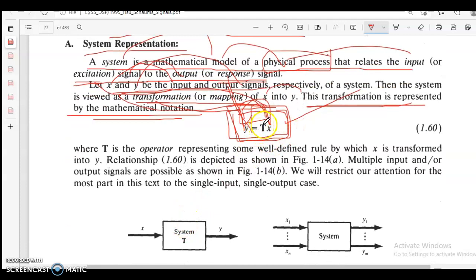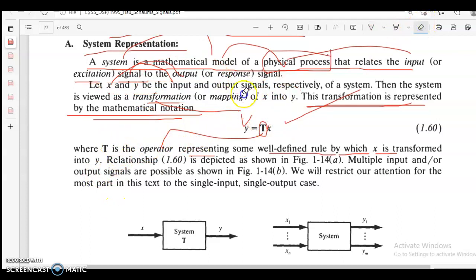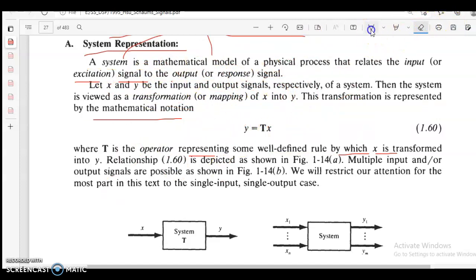Here T is the operator, representing some well-defined rule by which x is transformed into y.